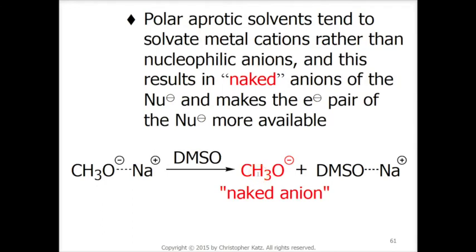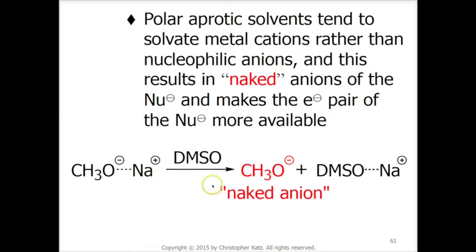Polar aprotic solvents tend to solvate metal ions, and what that means is that the DMSO will help to associate with the sodium in the case of sodium methoxide, to help pull it away from the oxygen part of the methoxide to make it a naked anion. What do we mean by naked anions? A naked anion means an anion, in this case an O minus, that the sodium has been stripped away from.